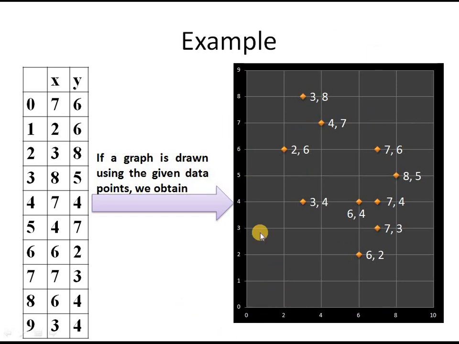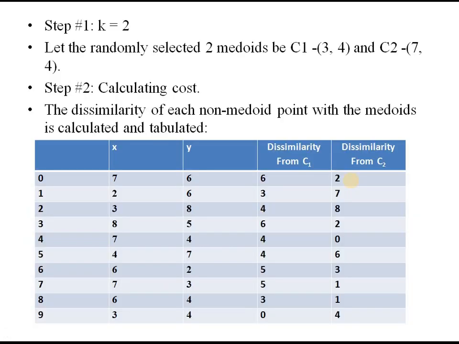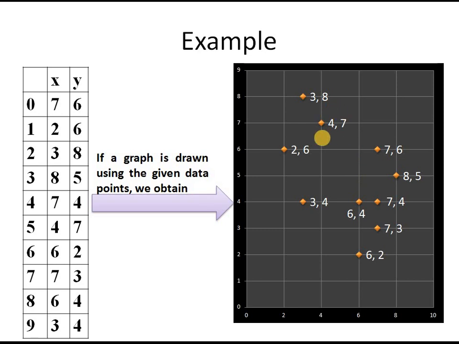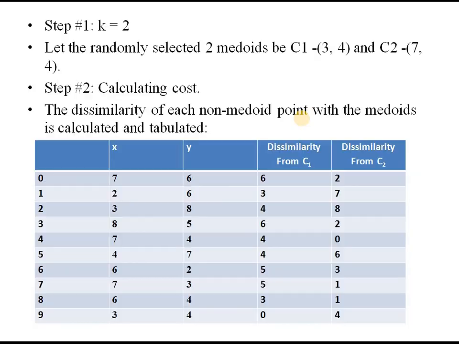This is the x-axis, this is the y-axis, and these are the coordinates. Relatively, we get the graph and points here. We are going to create clusters for this example.